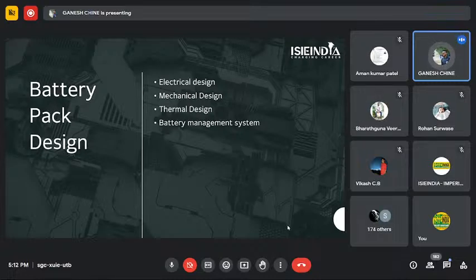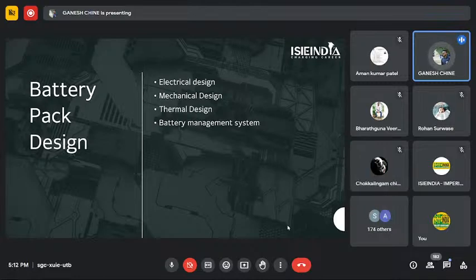Then thermal stability. Thermal stability is a very important factor while designing the battery pack, because in India we have various temperature differences. If we go north, the temperature is very low. While traveling to the south, we have the highest temperatures.